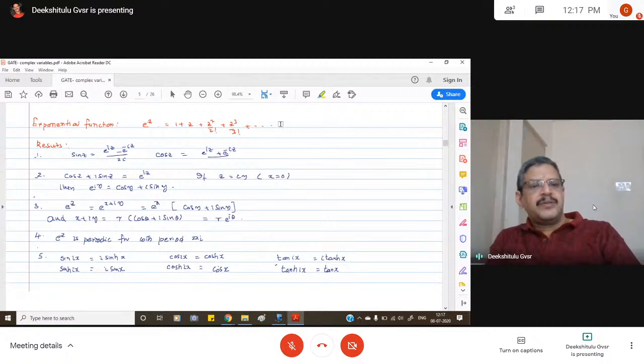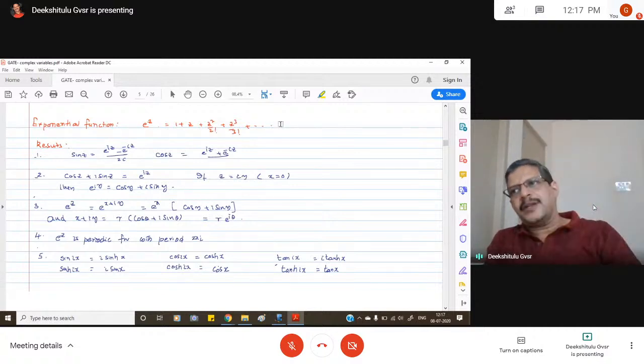So e power z is equal to e power x plus iy, which is e power x into cos y plus i sin y. But in polar form, x is r cos theta and y is r sin theta, so this becomes r into cos theta plus i sin theta. So this is r e power i theta. Sometimes we compare these two things: e power x becomes r and y becomes theta.